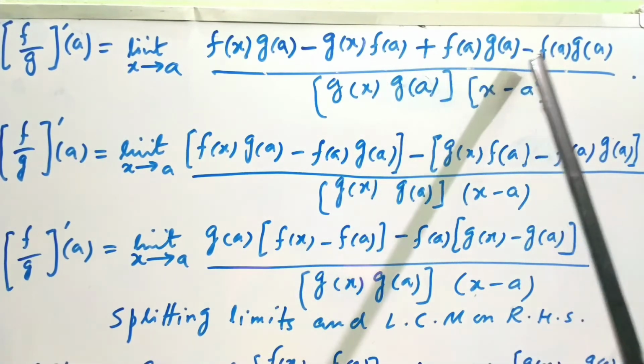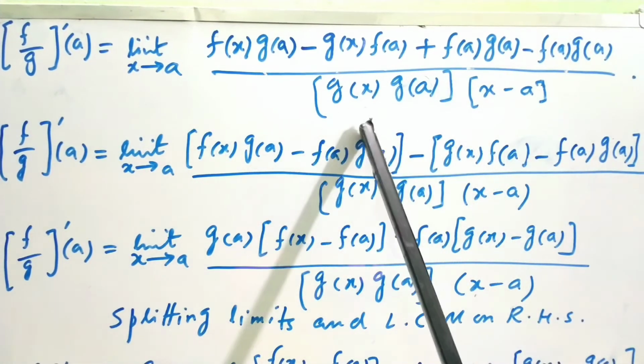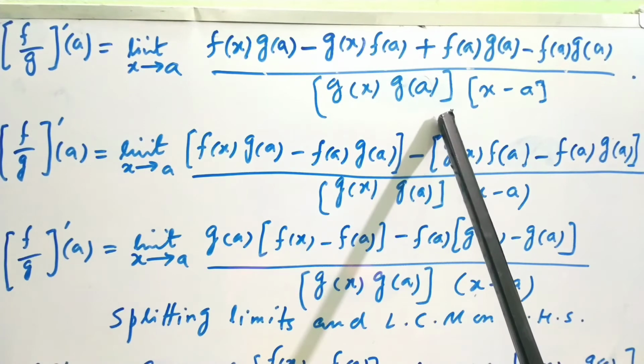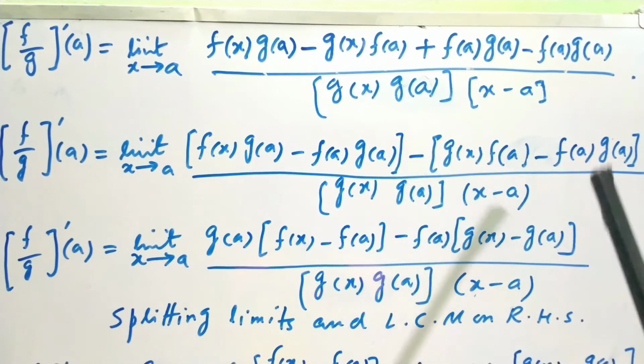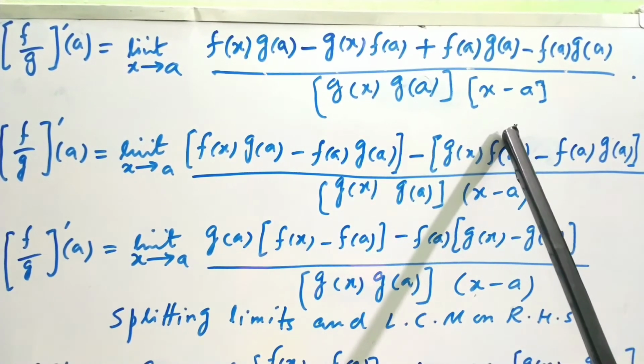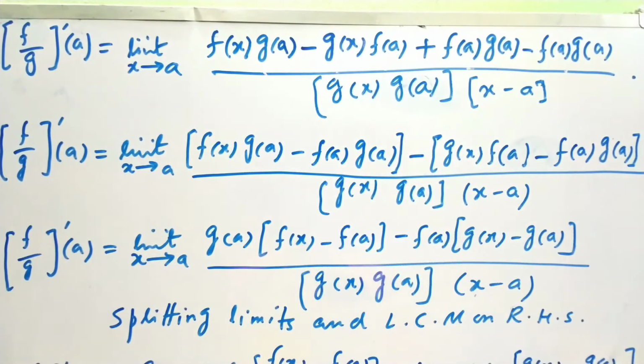Add and subtract f of a and g of a. G of x into g of a will be the denominator, and x minus a is multiplied. Now after that, what can we do?